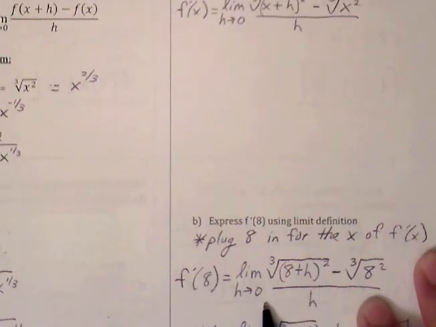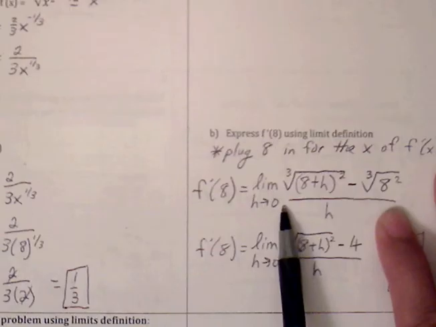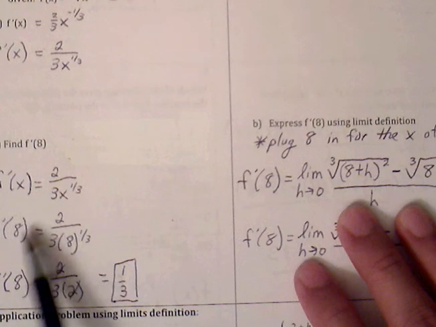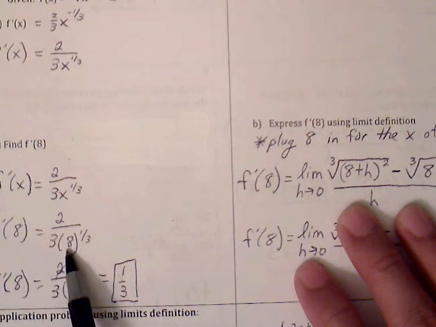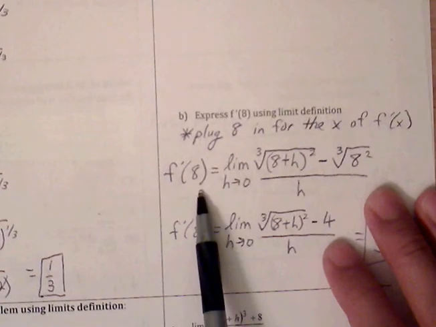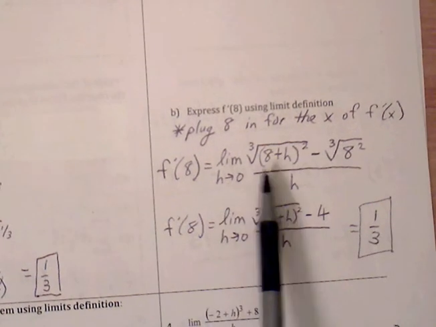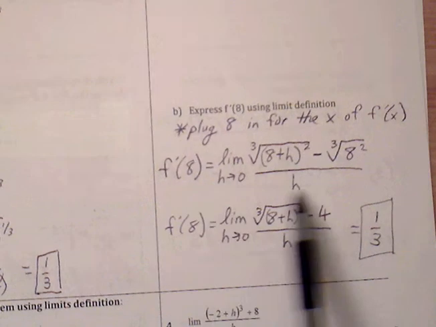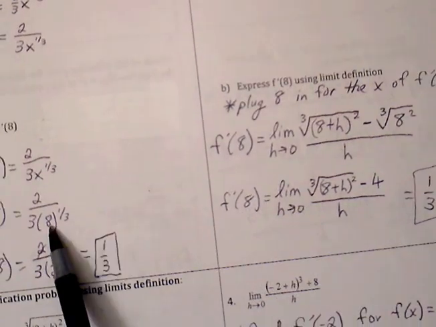We take our f prime of x, just like over here, and we replace every x with 8. So we do the same thing here, replace every x with 8. So now this is the same thing as this right here.